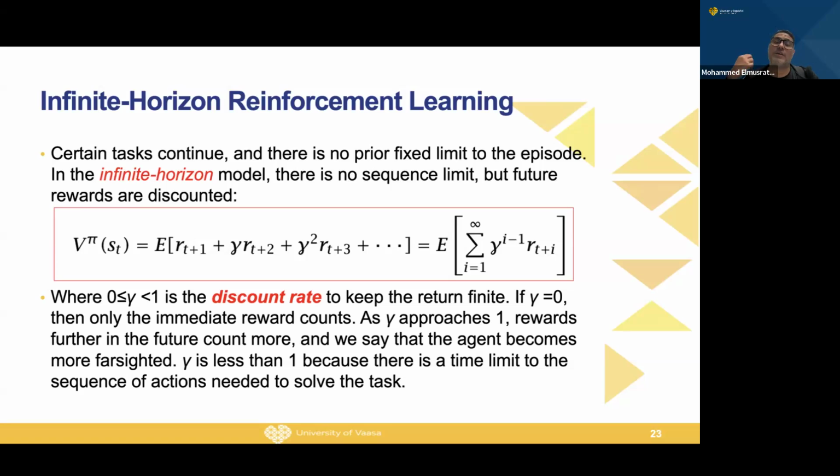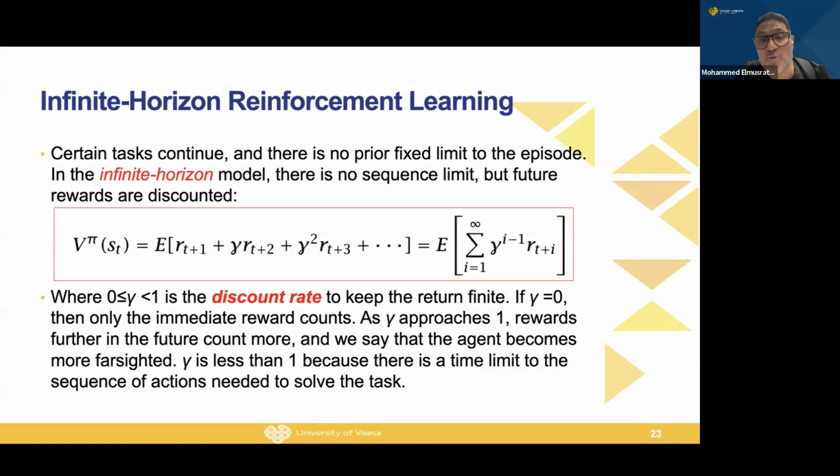Then it becomes alpha square, alpha cube. As you go further in the future, the reward you will get has less value for your current case. So you are more interested in the nearest reward than the farthest reward.